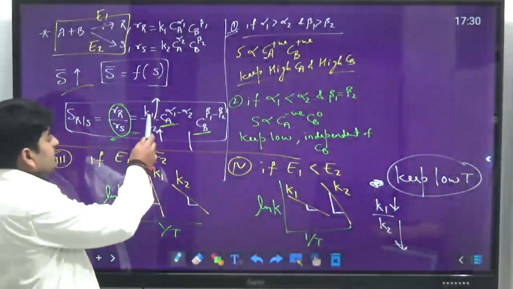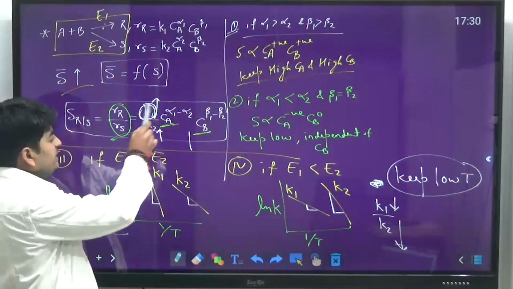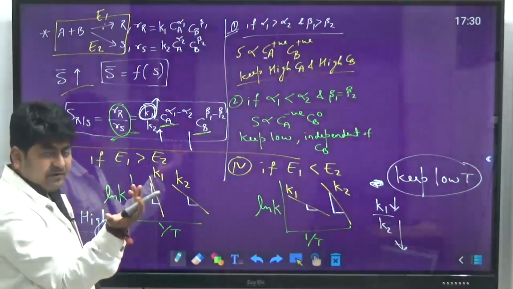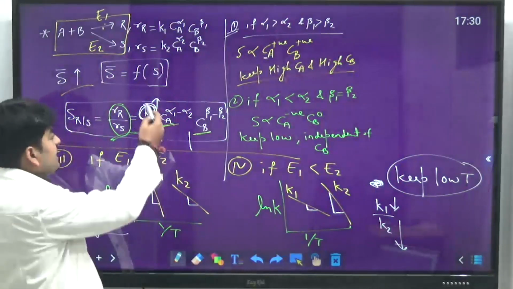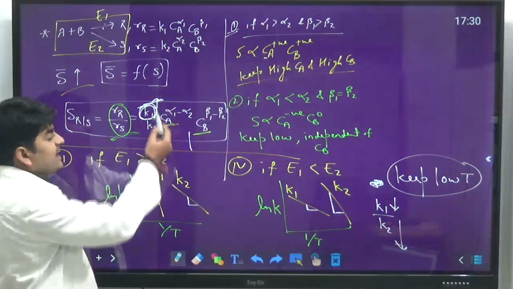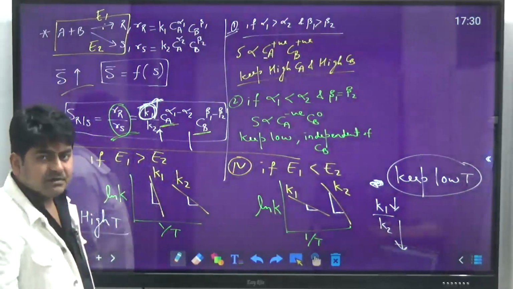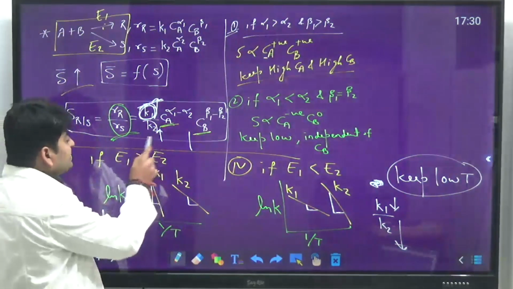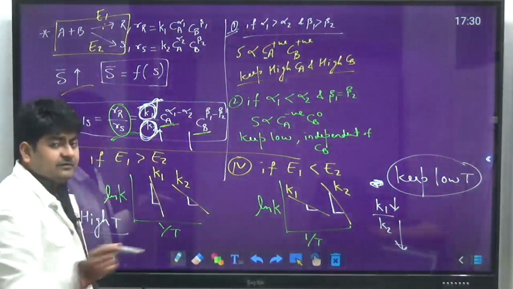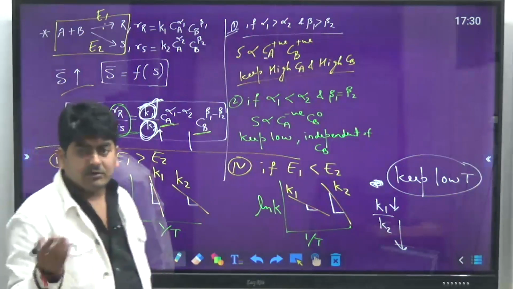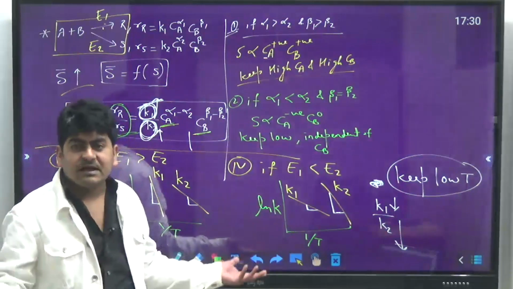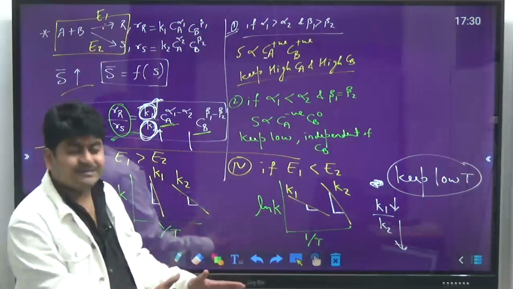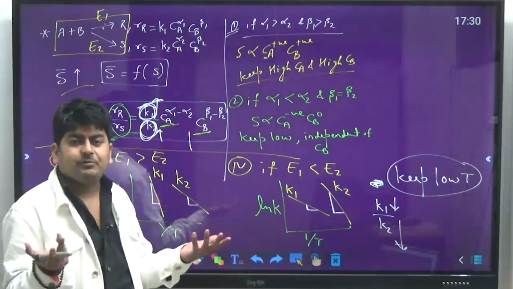So you can understand, if the activation energy of the desired product step is high, we will keep high temperature. But if the activation energy of the undesired step is high, then we will keep low temperature. We want more desired product and less undesired product.